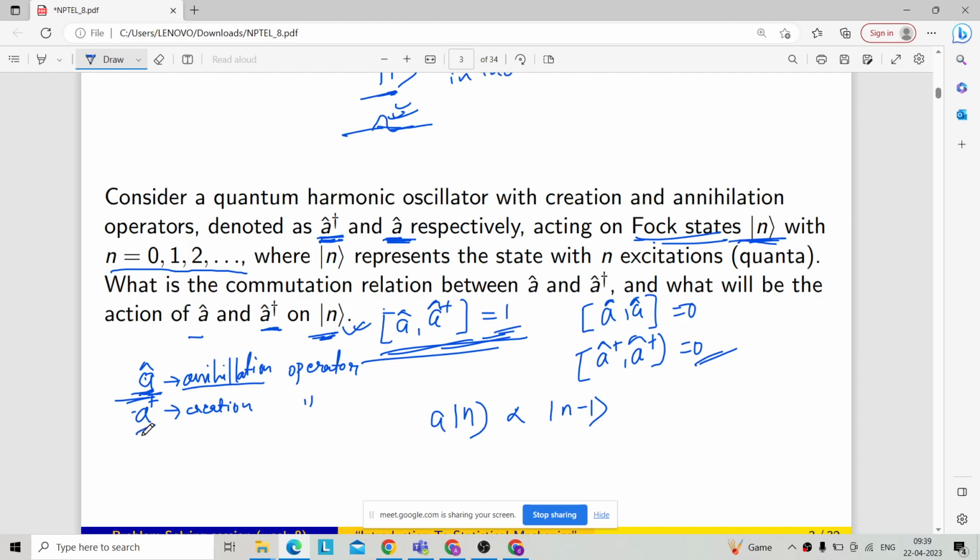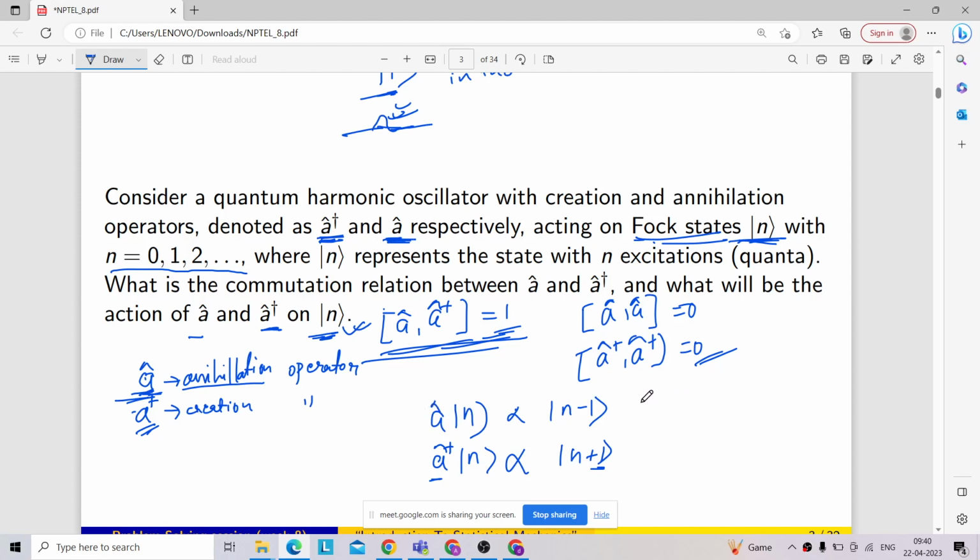Similarly, A dagger is the creation operator. When A dagger operates on this state, it will create a particle, so the result will be proportional to n plus 1. One particle is created due to the action of A dagger on the state n, right?